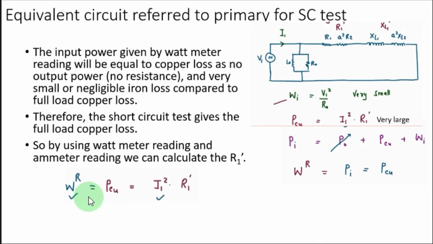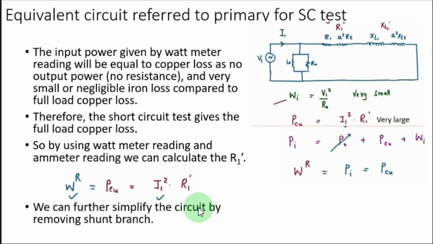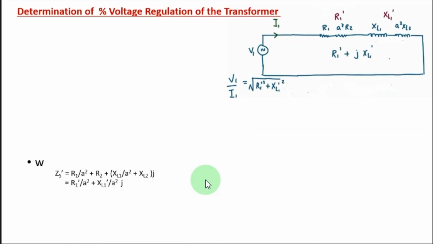The wattmeter reading is equal to the copper loss, which is equal to I1 squared into R1 dash. As we know I1 squared and the wattmeter reading, we can find R1 dash. We can further simplify the circuit by removing the shunt branch, like this.